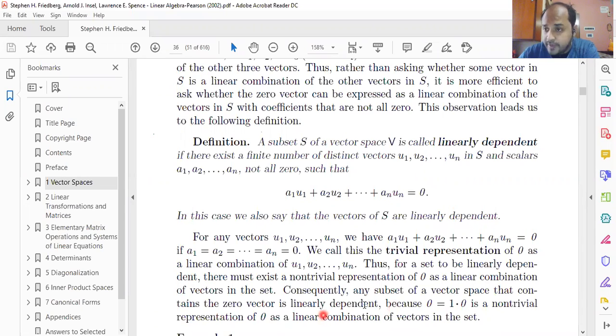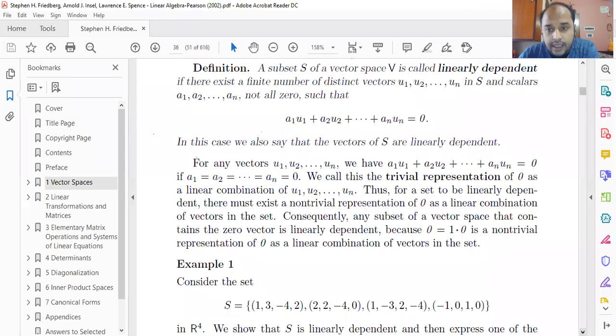If I consider that vector space, then this 0 vector is also linearly dependent, because for the 0 vector, we can find a non-zero scalar coefficient, any non-zero scalar coefficient, which when multiplied by the 0 vector gives you the 0 vector. So this representation is a non-trivial representation, and therefore the singleton 0 vector is an LD set. Remember this.